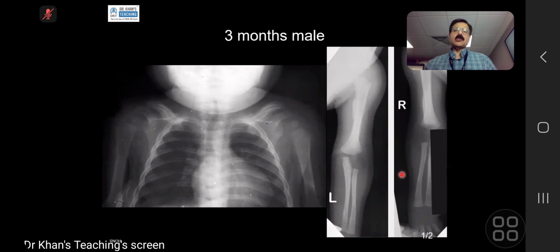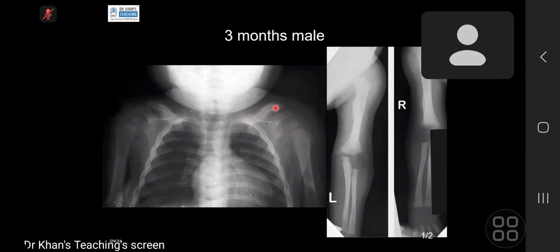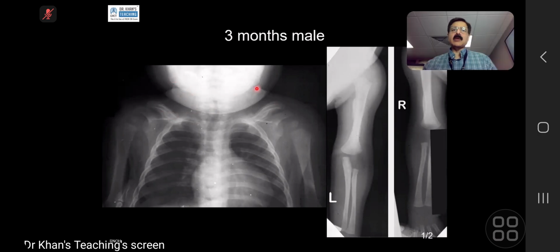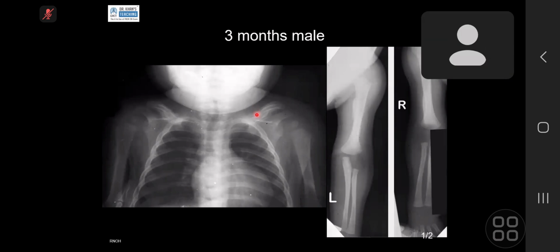Having said that, once you pick up the clavicle, you must look at the mandible. Even by a stretch of imagination, if there is some soft tissue, you will ask the examiner that you want to see an oblique of the mandible. There is nothing else which can be in the differential diagnosis.